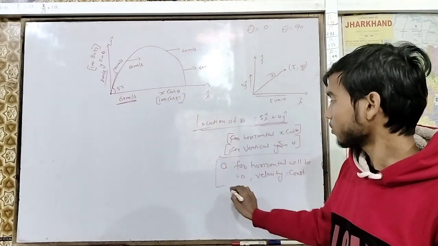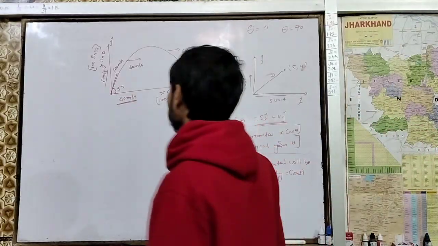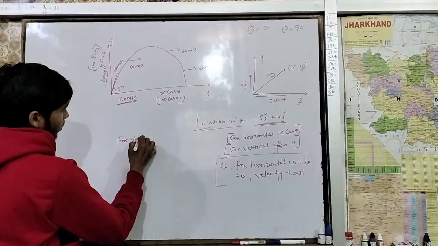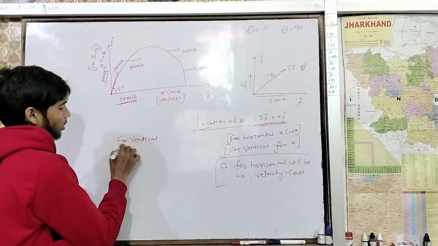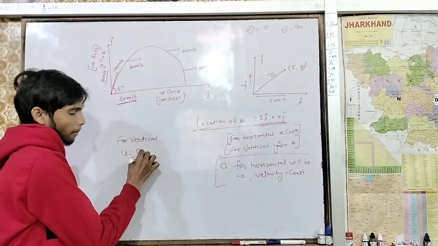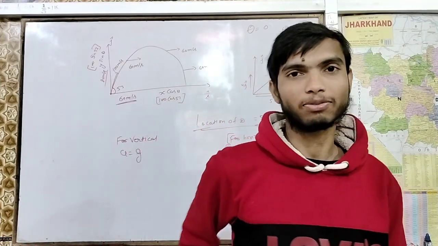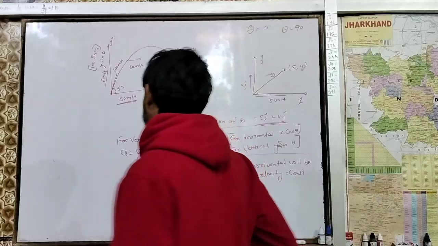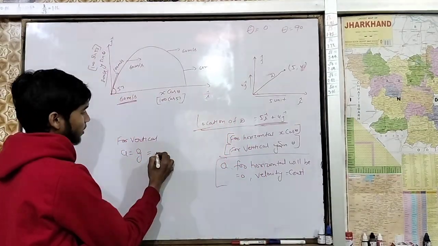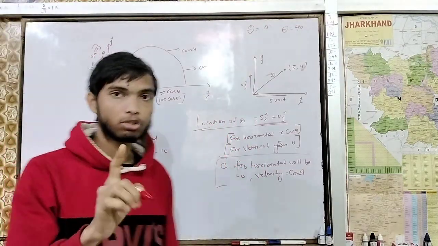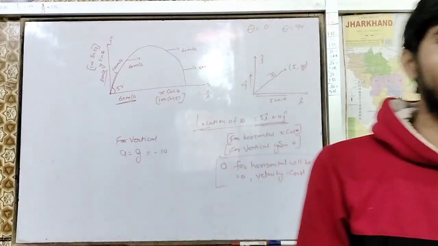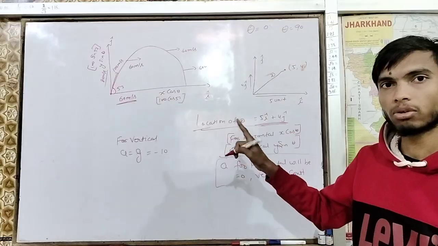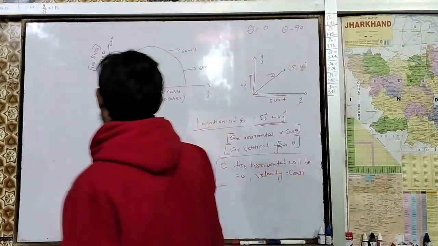We found acceleration for horizontal, now for vertical. Acceleration is going to be g. G means gravitation. So it is also constant. I didn't say 0. This is always going to be minus 10. It is constant, forever, minus 10.